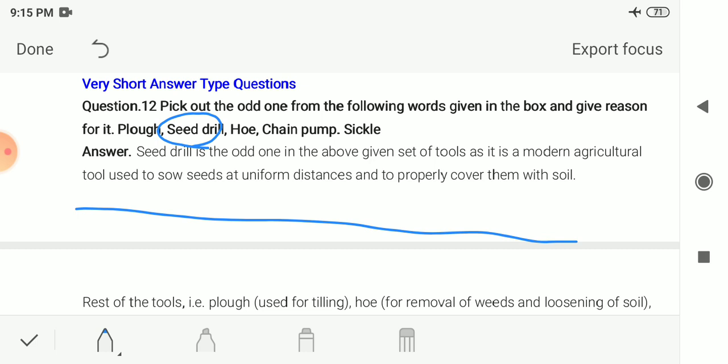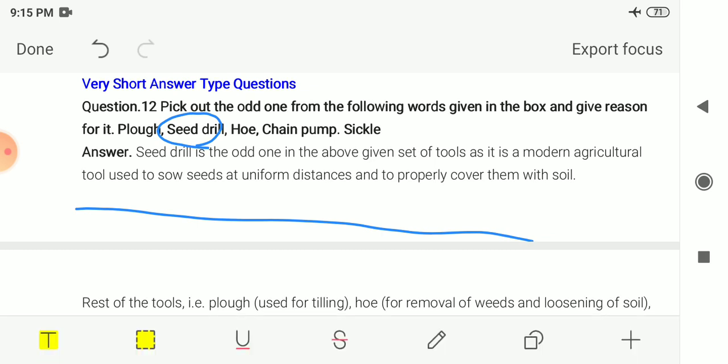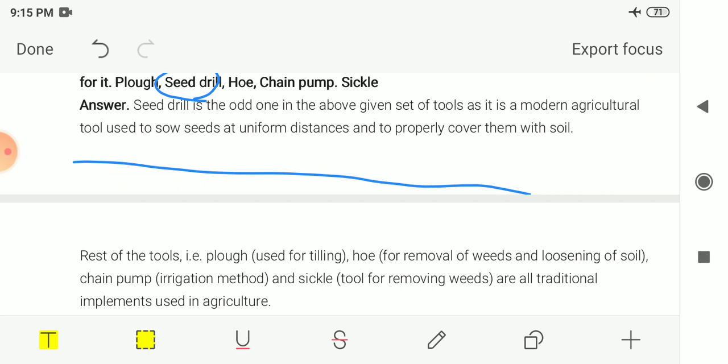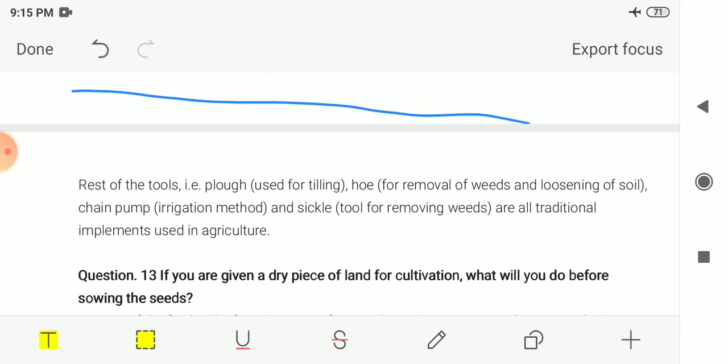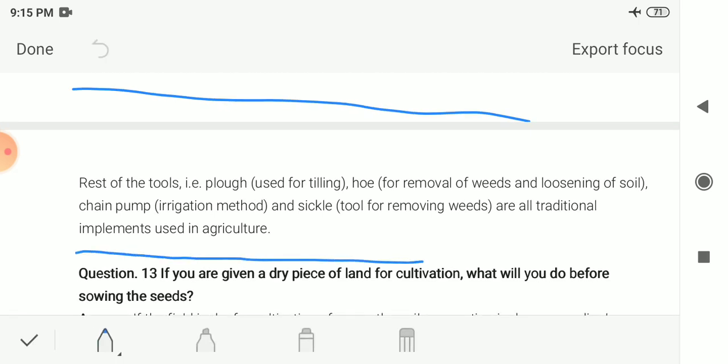The rest of the tools, that is plough, hoe, chain pump, and sickle, are the traditional tools which are used for agricultural practices. Here it is given to you that the rest of the tools, that is plough, is used for tilling and turning the soil or loosening the soil, then hoe, which is used for removal of weeds and loosening of soil, chain pump, which is used for irrigation, and sickle, that is used for removing weeds.